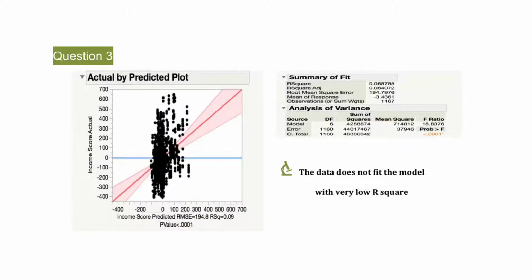To further prove our hypothesis, we conducted a regression model with the same-style competitors and income score. The first plot gives us visual analysis that these data do not fit this model. Referring to the R-square, that is 0.089, which is very small, also indicates that the data does not fit the model well.